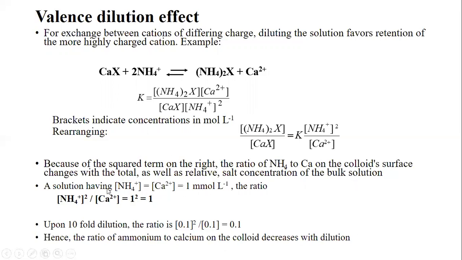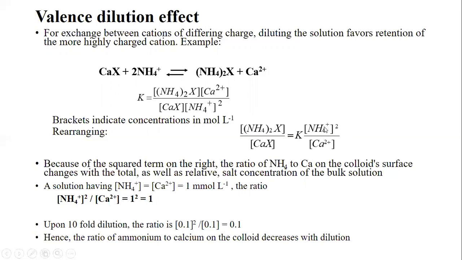So let's take an example: a solution having ammonium and calcium at equal concentrations, each one of them equal to 1 millimole per liter. So both of them have the same concentration.